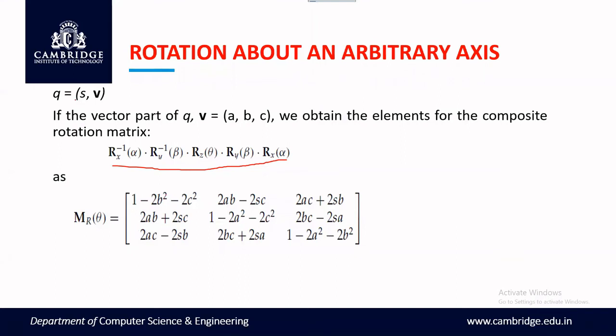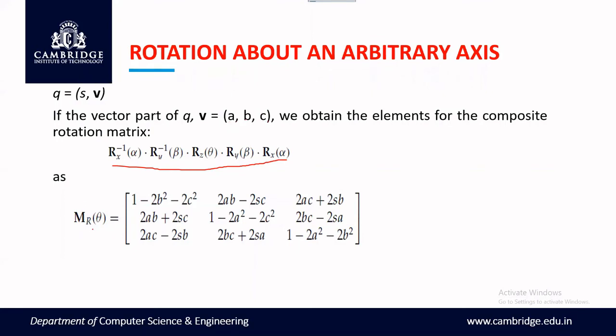The vector part V. For the transformed quaternion, say you have the scalar part as S and the vector part as V. We know that V has an I component, J component, and K component, so A, B, C: the I component is A, the J component is B, and the K component is C.